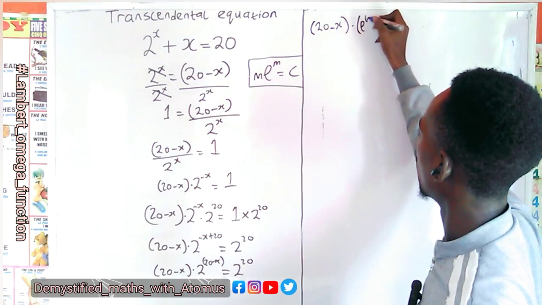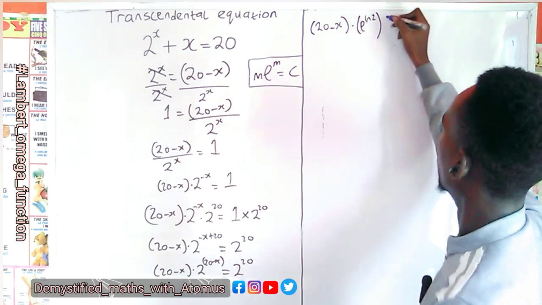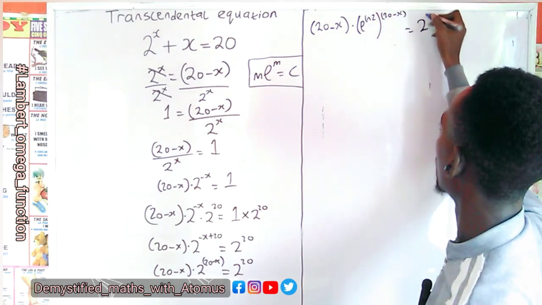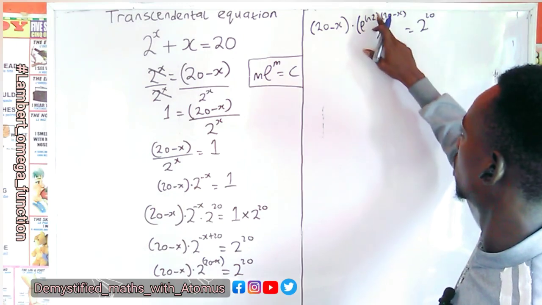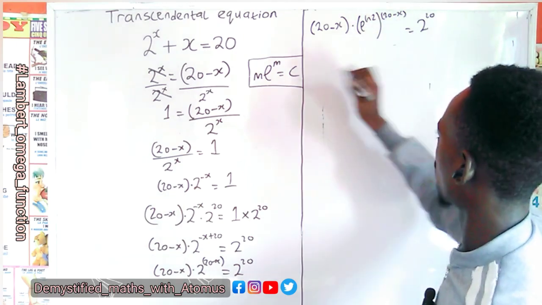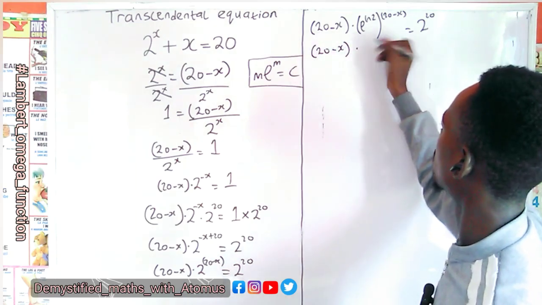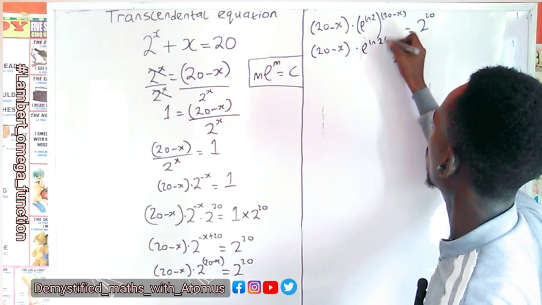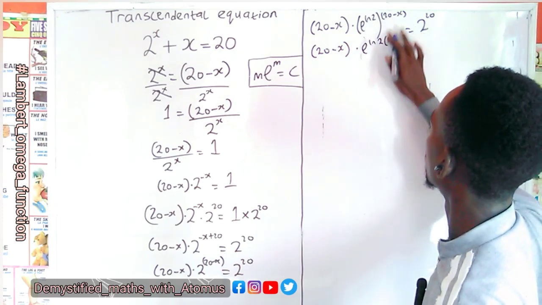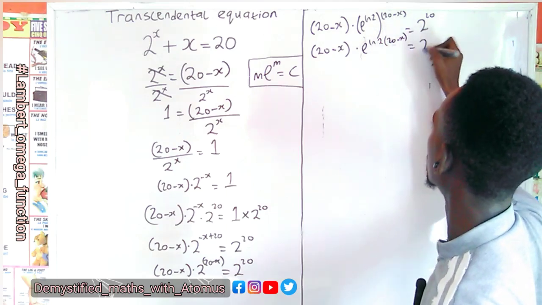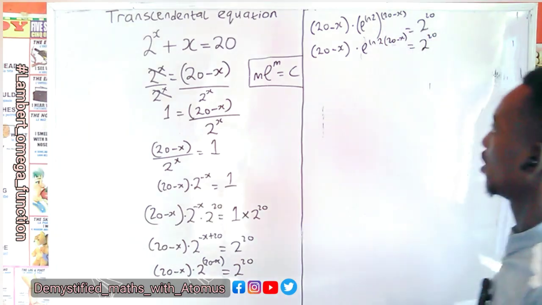So e raised to power ln 2, then raised to power (20 minus x), equals 2 raised to power 20, because e raised to power ln 2 gives us 2. Let's expand this bracket. So we have (20 minus x) times e raised to power ln 2 times (20 minus x) equals 2 raised to power 20.